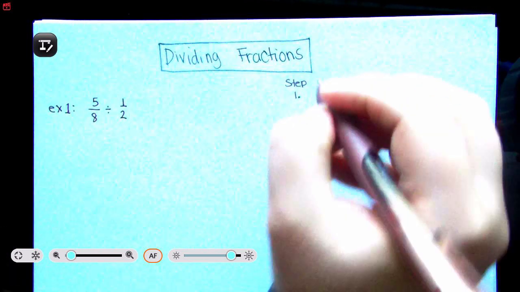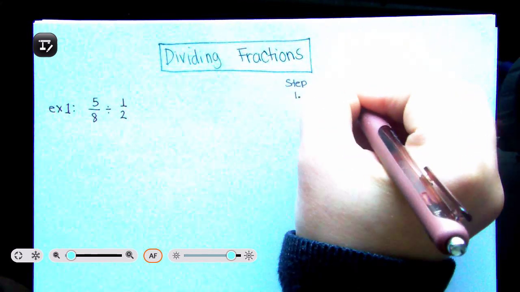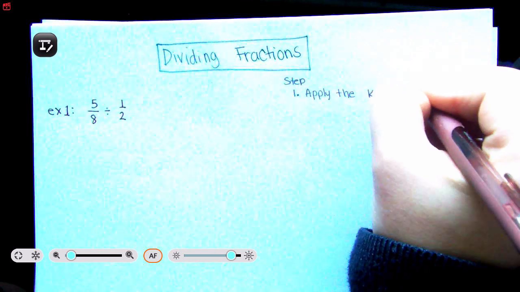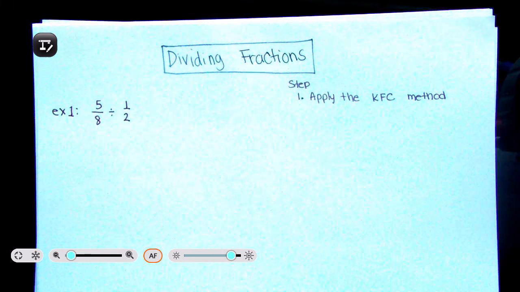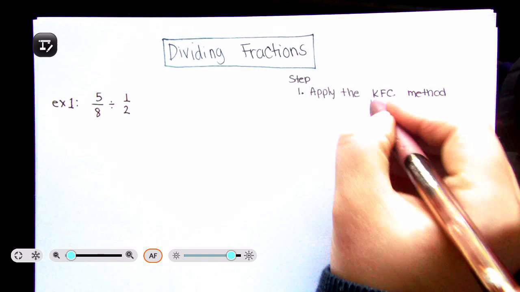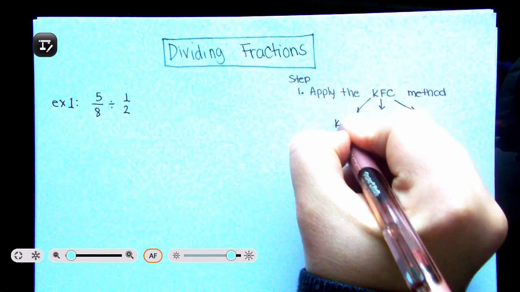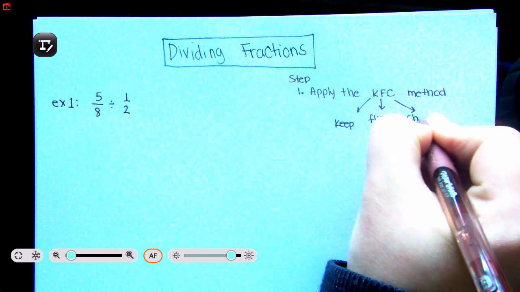we're going to apply the KFC method. Now, before you think Kentucky Fried Chicken, I don't mean we're going to go out and get some chicken right now, although I am hungry. That would be fantastic. So, KFC, we're going to keep, flip, change.